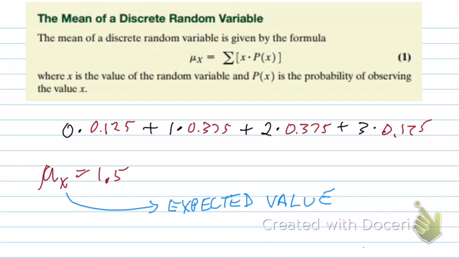Notice that mean is not any of the values we could get. How many times am I going to roll 1.5 heads? Never. This is an average. It doesn't have to come out to be one of the values. Just like if I averaged all your homework grades together, the average might not be one of the values you got on the homeworks. Stop right there. Are we good?